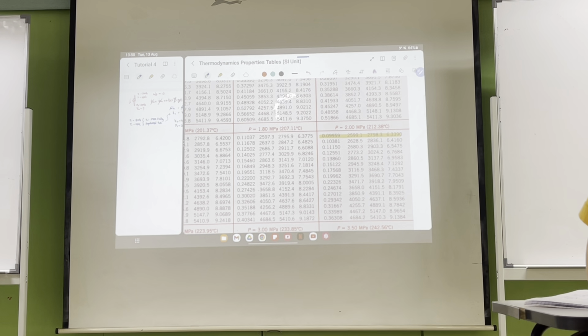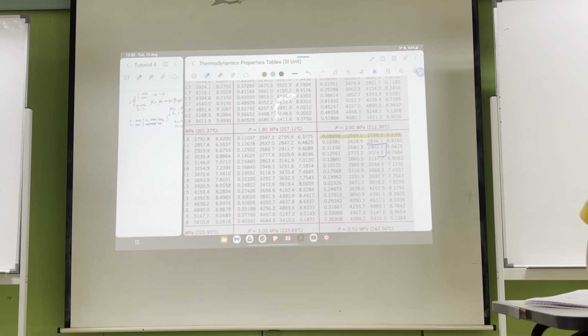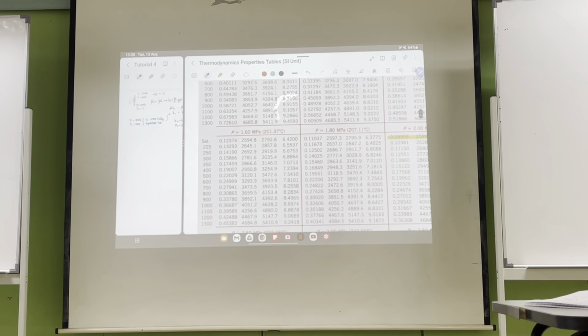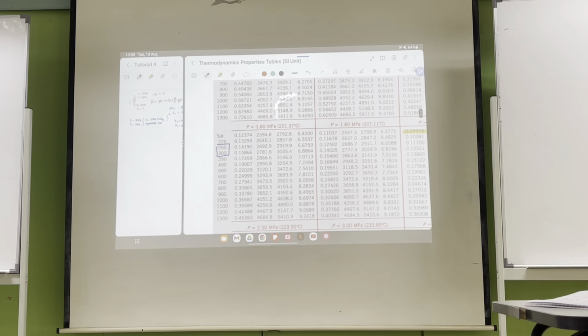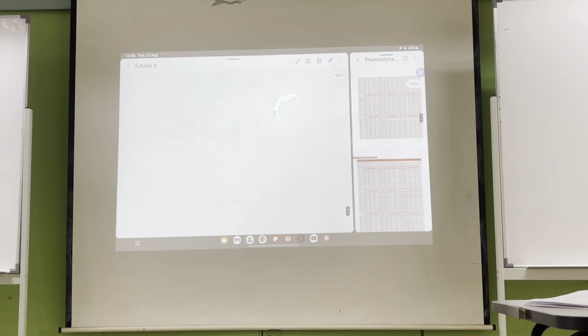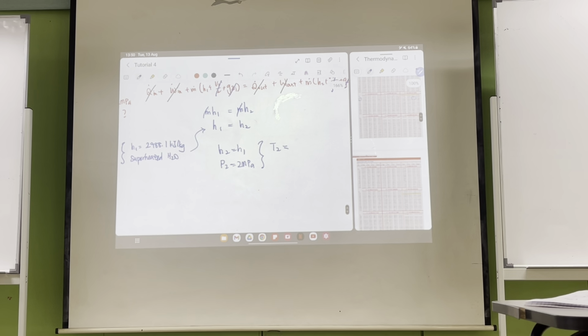In this case, we don't have 2988.1 here. We only have these two, so you need to interpolate between them, meaning in between these two temperatures. So the temperature here should be between 250 and 300. The answer here is 285.